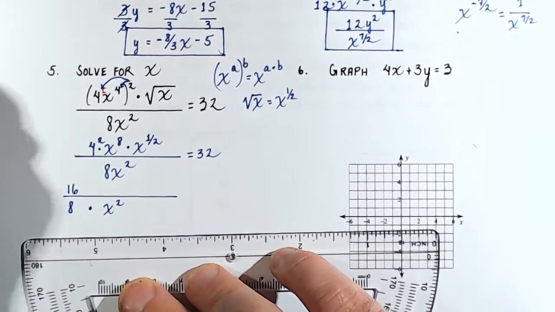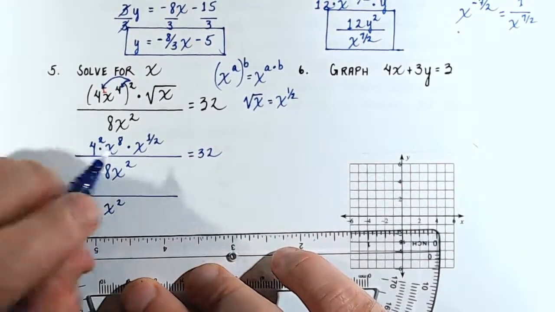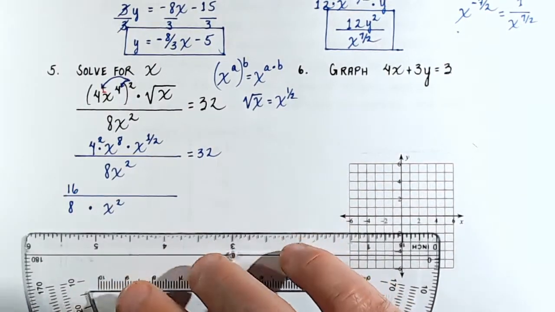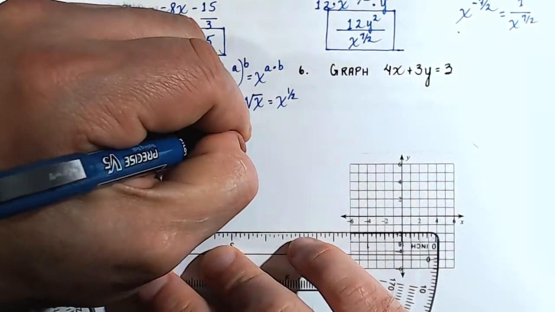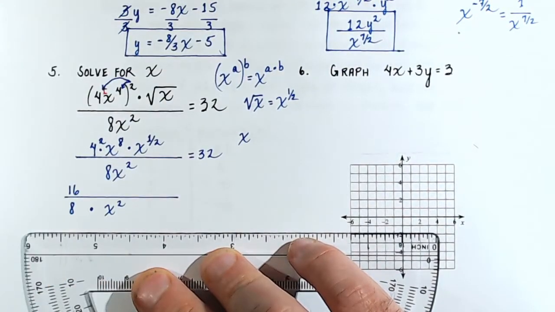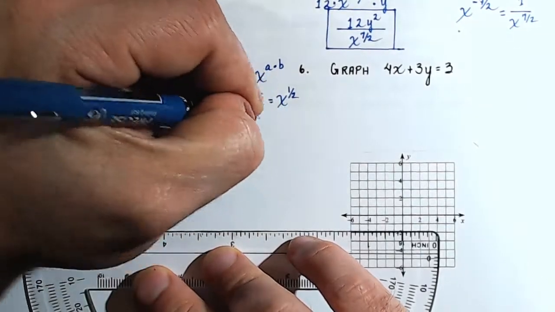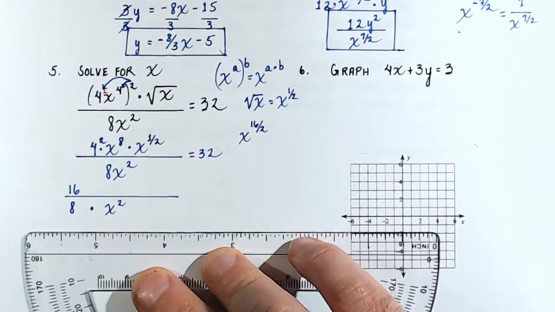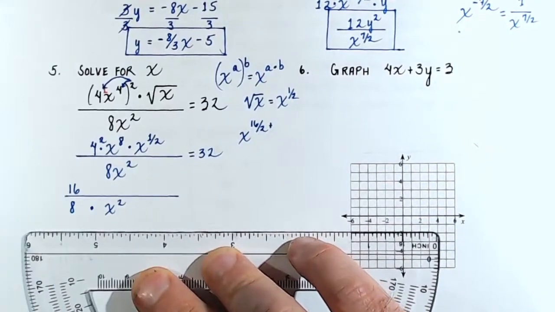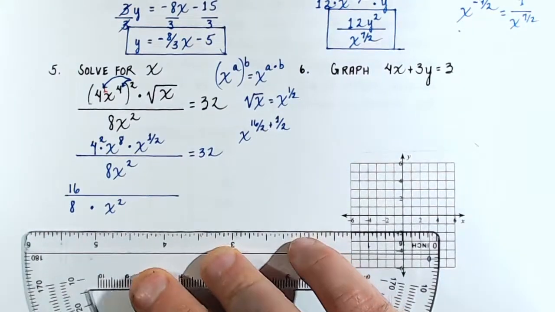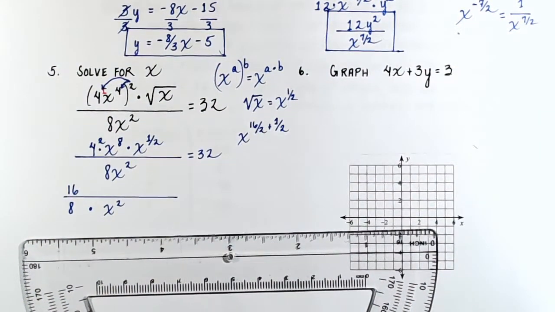In the numerator, I have x to the 8th times x to the 1/2. So the bases are the same, and I apply the product rule. X to the 8th, I need to write as x to the 16 over 2. So x to the 16 over 2 plus 1 over 2 will be x to the 17 over 2.